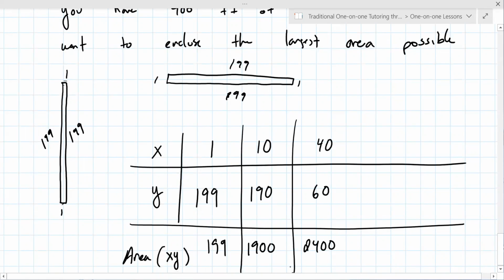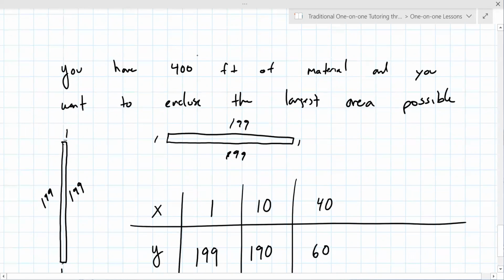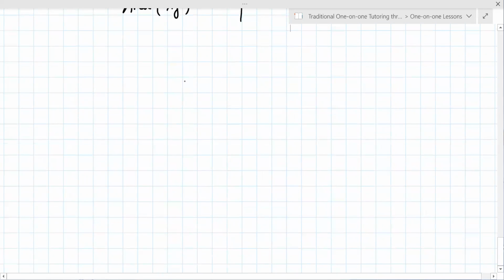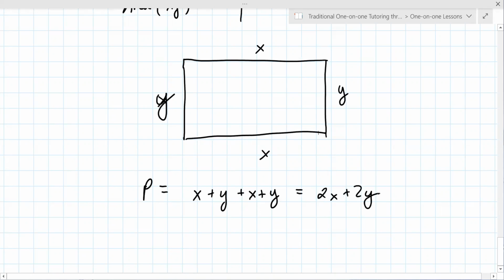Okay. Now the reason these numbers work like this is because of this first part that's very important here. You have 400 feet of material. So if we draw a much more generic shape, a rectangle, we call this X and this Y and this X and this Y. The perimeter is X plus Y plus X plus Y, going all the way around, more commonly 2X plus 2Y.